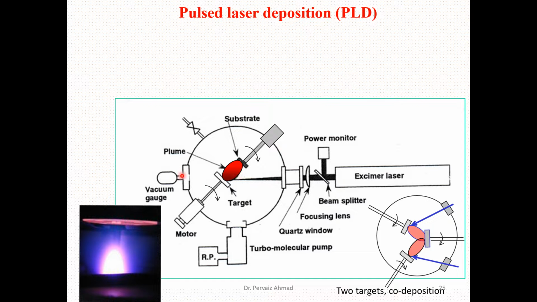Here we place a vacuum gauge to measure the required vacuum, and then we have the power monitor and the quartz window, and the focusing lens. This is the beam splitter, and here we have the excimer laser.